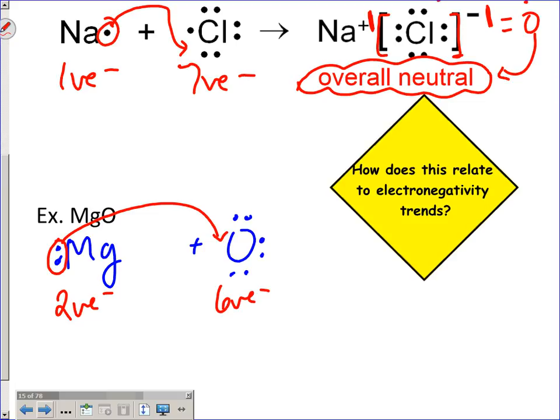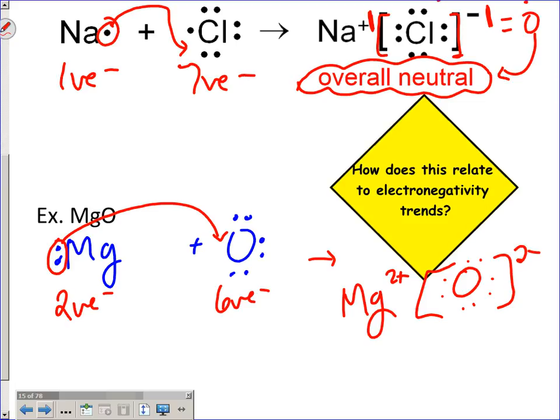Transfer to oxygen, and you form Mg with a 2 plus charge and oxygen with an octet around it and a 2 minus charge. Overall, this charge is neutral because 2 plus and 2 minus make neutral. I know we want to probably write OMg, but we have to write MgO because you always write the cation first and the anion second when writing ionic compounds.